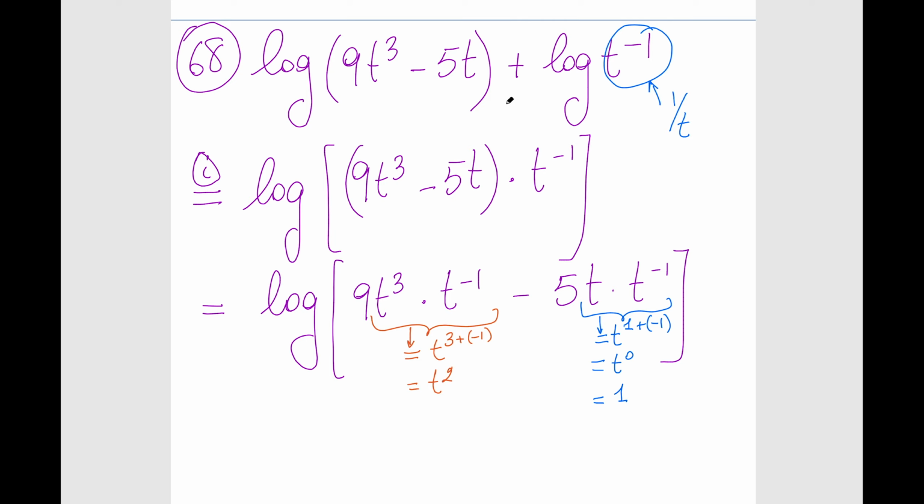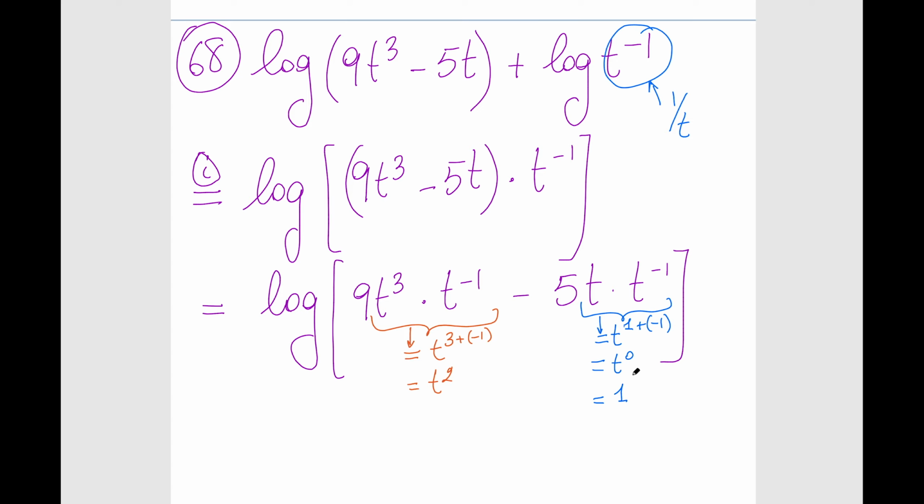Also, if t is 0, 9 times t cubed minus 5t becomes 0, so this whole thing becomes log of 0, and log of 0 doesn't make sense. Remember, log only operates on positive inputs. So certainly t cannot be 0, and as such, t to the power 0 is 1. Any non-zero base to power 0 is 1.